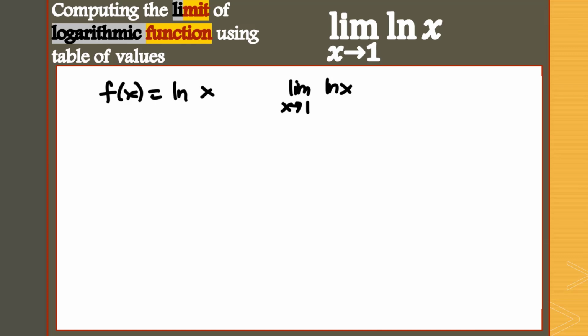Hence, as we try values of x from the left of 1, we cannot use negative values nor 0, because the possible values of x in the domain of the natural logarithm of x are all values greater than 0.